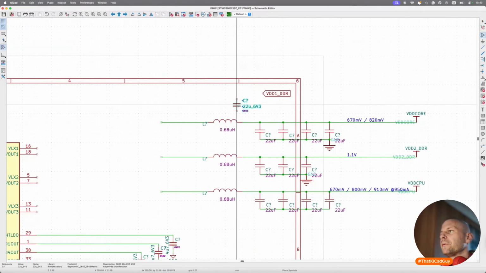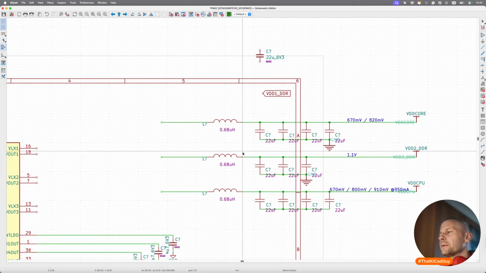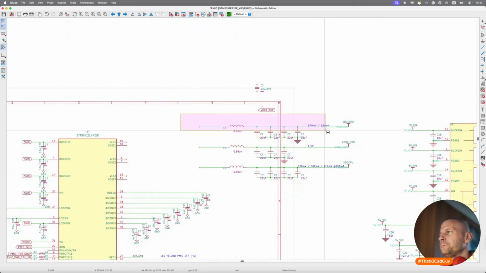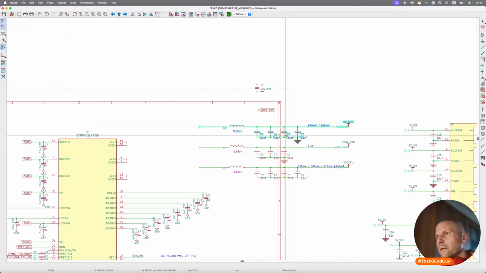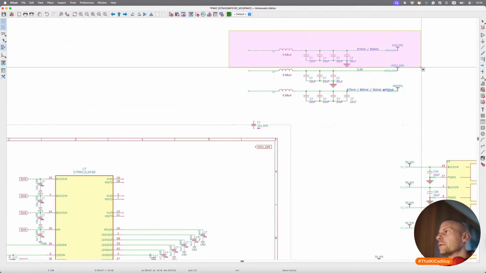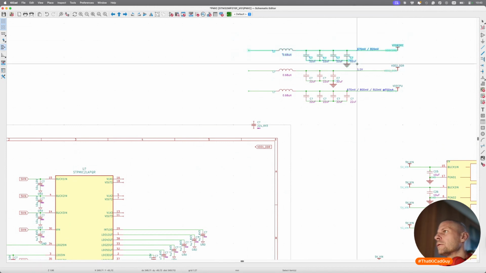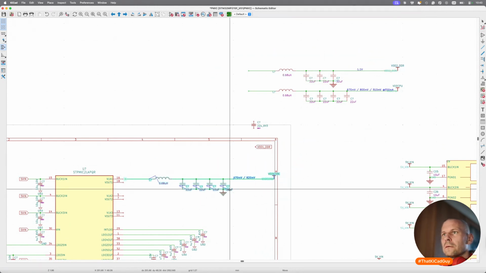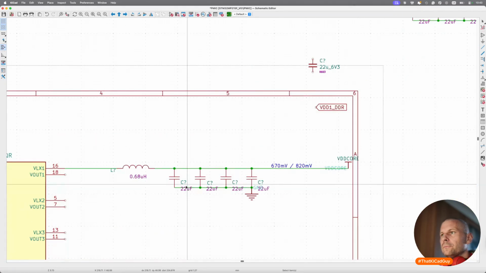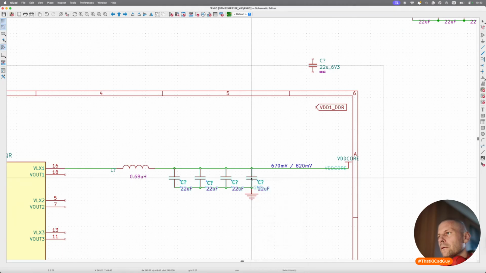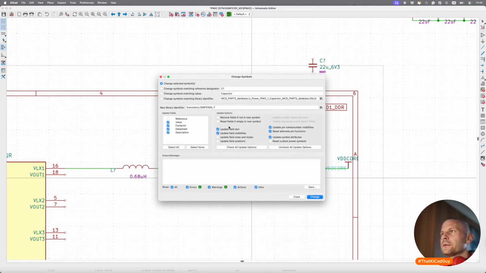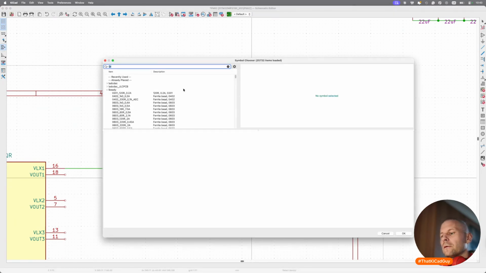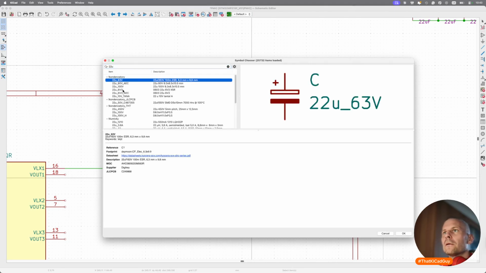So these will be, yes, used, and the coil will be checked in a while. The inductor. Change symbols. These.